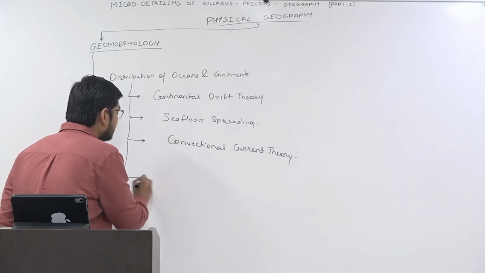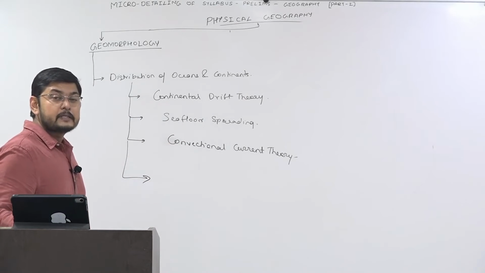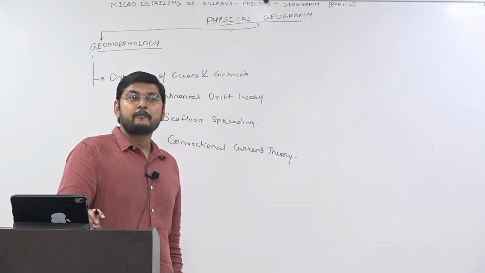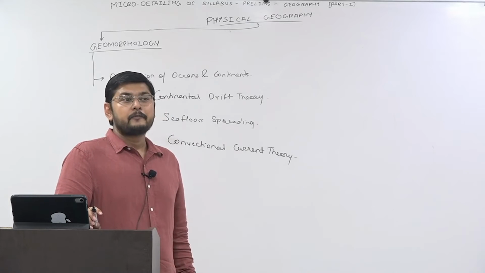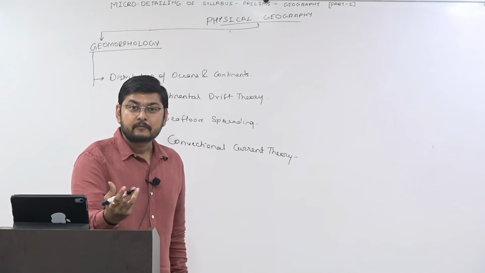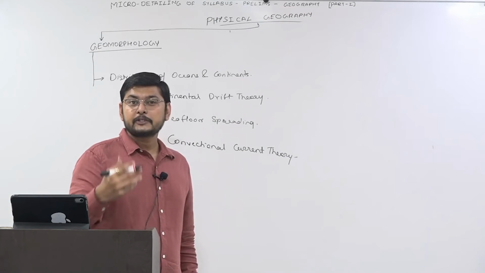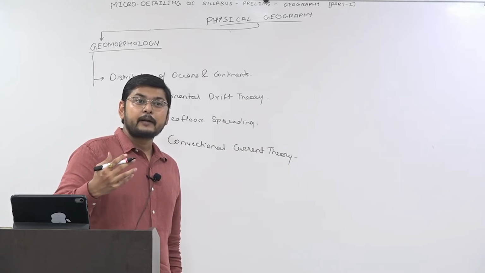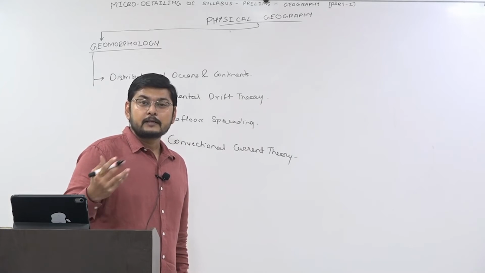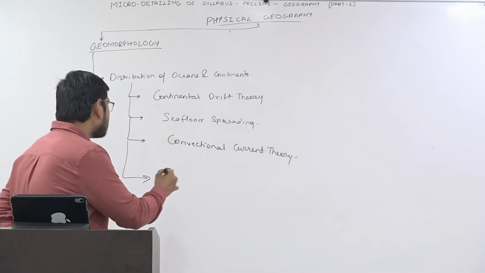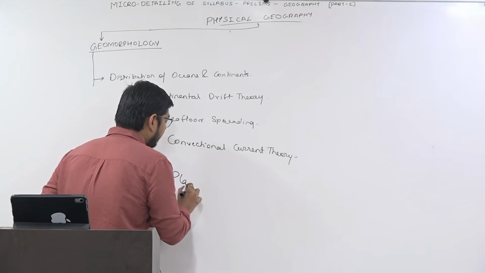Combining all these three theories, we have a very important theory which has evidences, which has scientific proof, which has resulted in the location of the volcanoes and the location of the earthquakes in contemporary times. Not predicting, not forecasting, but we can forecast where they will occur. So this is the plate tectonics theory.